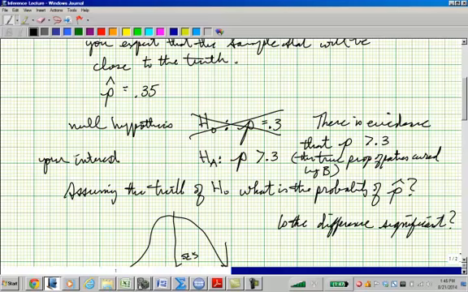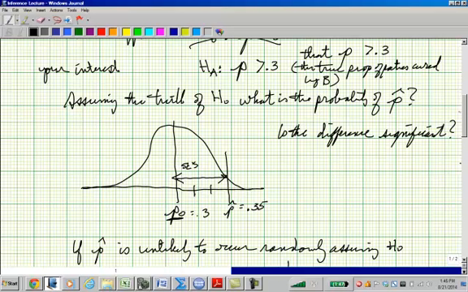Assuming the truth of H sub 0, what is the probability of p hat occurring randomly? And is the difference between p hat and p sub 0, the null hypothesis, significant? If p hat is 2 or more standard deviations away from p sub 0 to the right, that makes p hat look unlikely to occur randomly, assuming that p sub 0 is true.